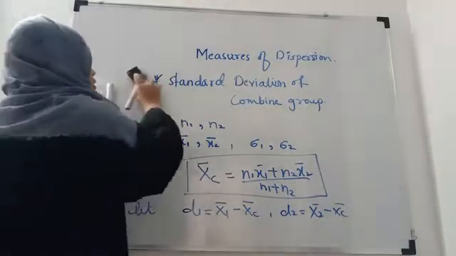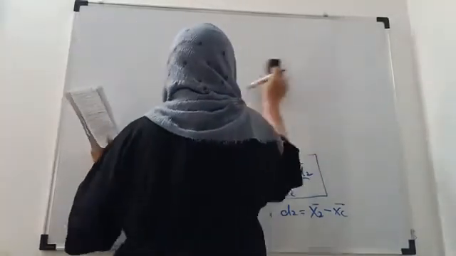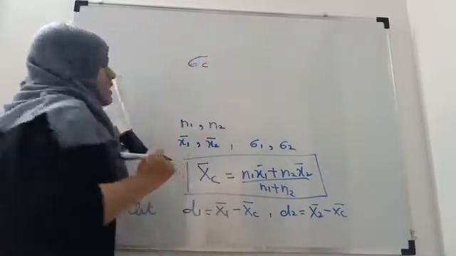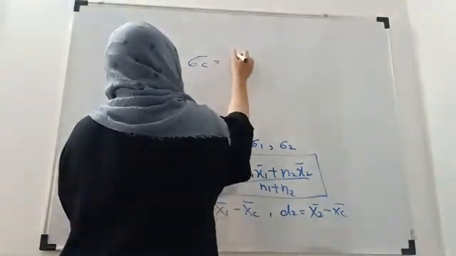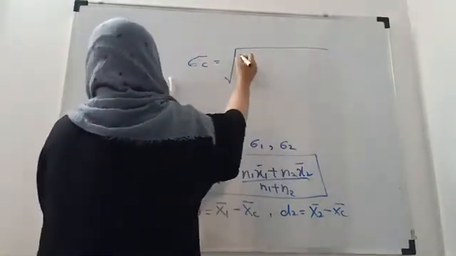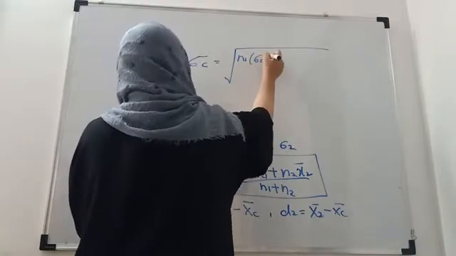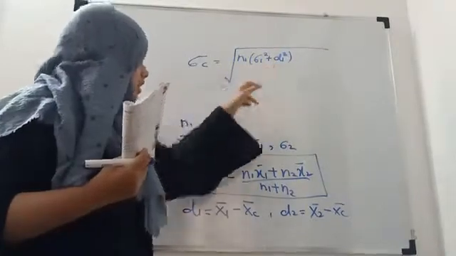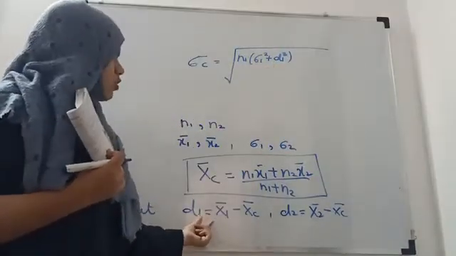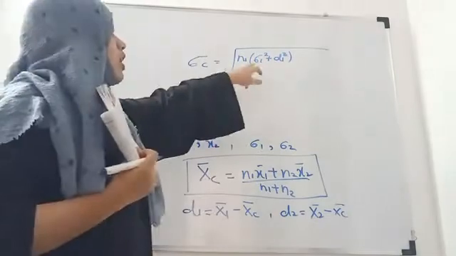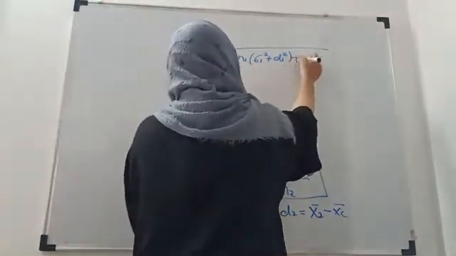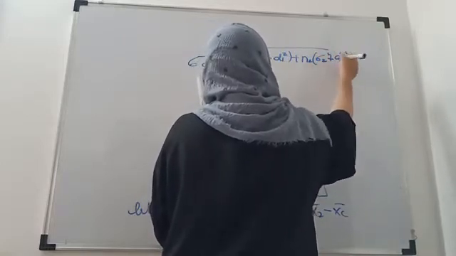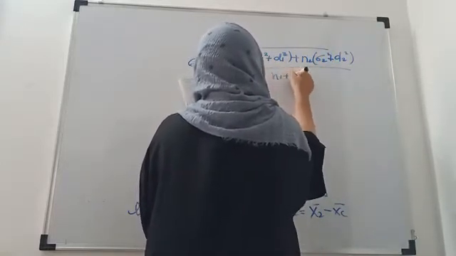And hence the formula for the combined standard deviation is given by sigma c, which is equal to the square root of n1 into sigma 1 square plus d1 square, where d1 is x1 bar minus xc bar, plus n2 into sigma 2 square plus d2 square, divided by n1 plus n2.